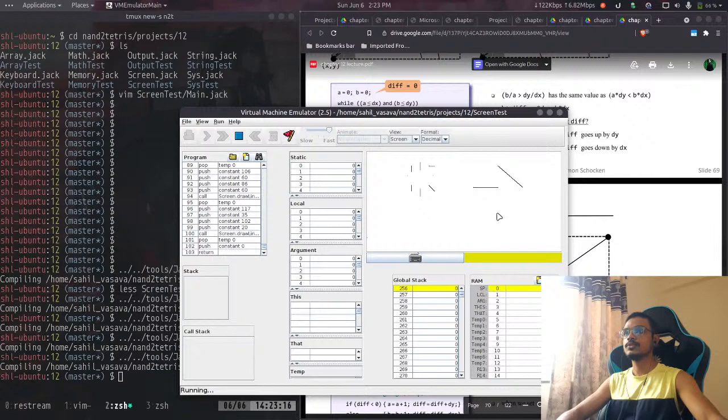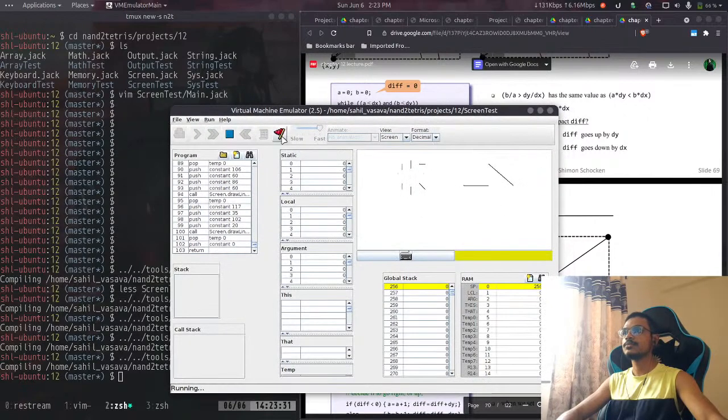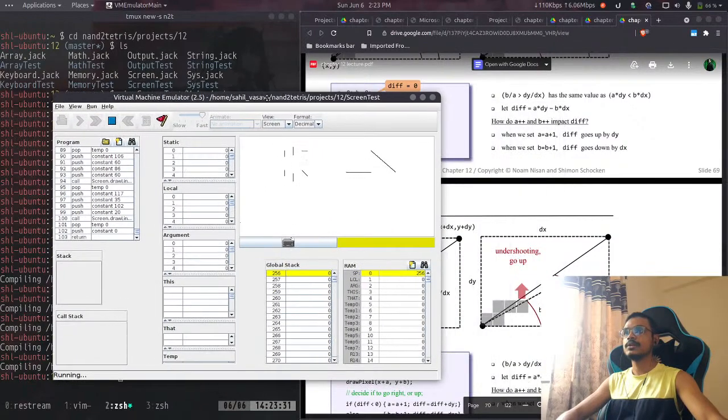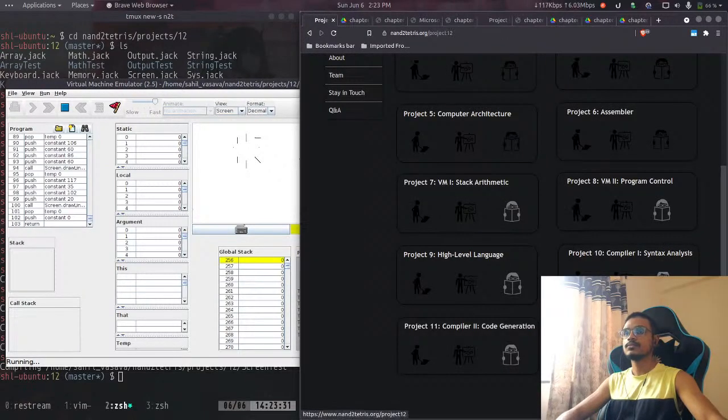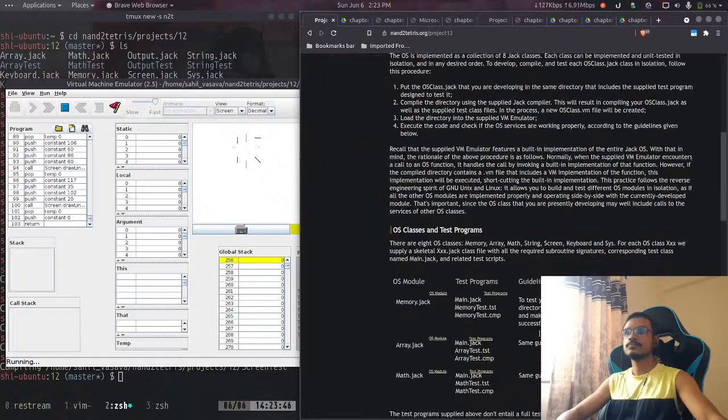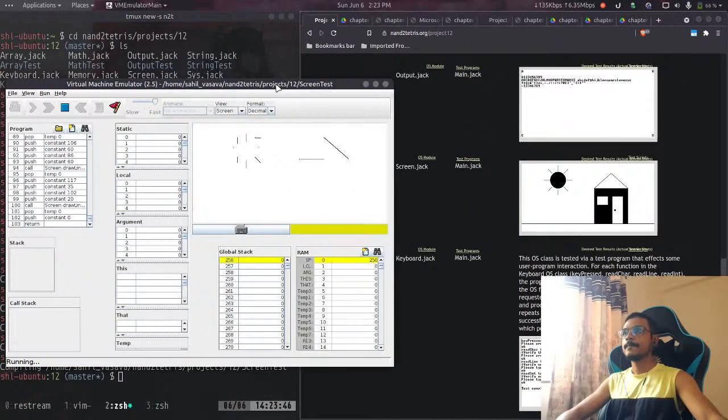Oops. Wow. What happened? Let me try to run it again. Oh, you're getting somewhat scrambled lines. Okay, if we compare this with this, we are getting somewhat half a line. We were getting these two lines previously, and this line doesn't seem all right, and this one as well.